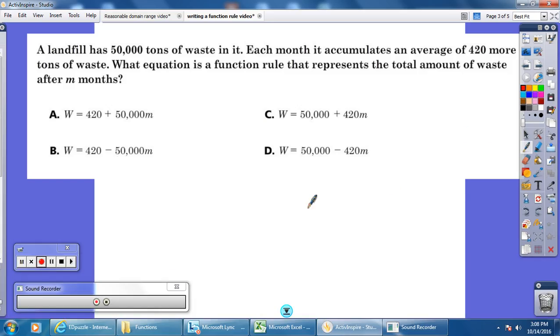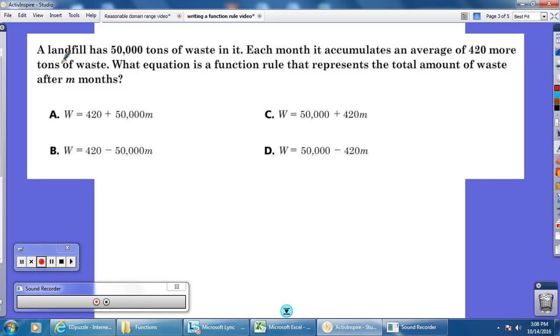All right, let's go over this. Okay. So, we're talking about waste, right? We're talking about the total amount of waste. So I know that W is going to equal something, my total amount of waste. All right, so we got a W, a W, a W, and a W. All right. So a landfill has 50,000 tons of waste in it.